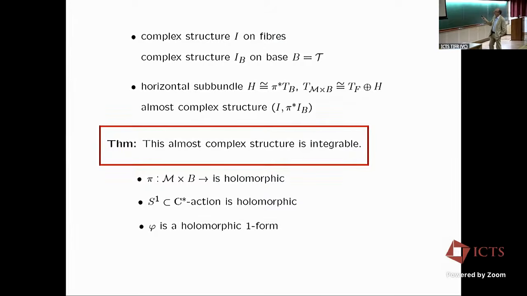What will come out of that is that the projection onto the base is holomorphic, the circle action is holomorphic, and phi itself is a holomorphic one form on the whole space.